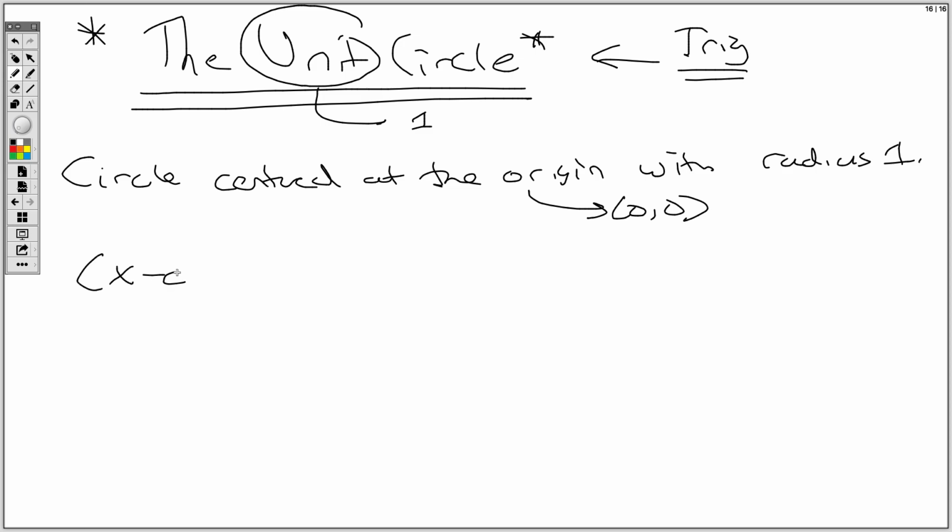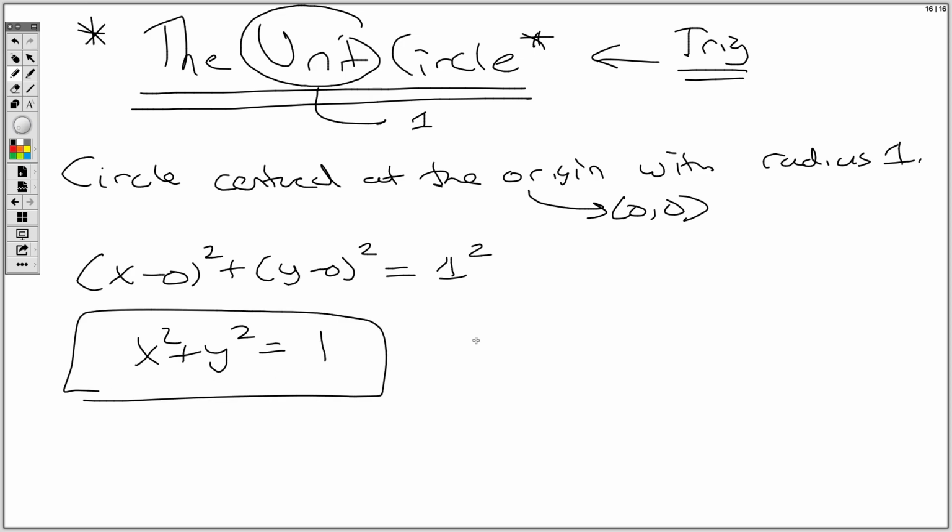So it would look like x minus 0 squared plus y minus 0 squared is 1 squared, or x squared plus y squared is 1. So here's the unit circle. Boom.